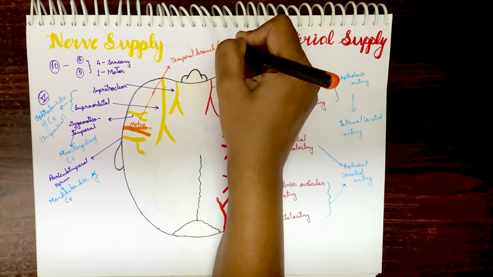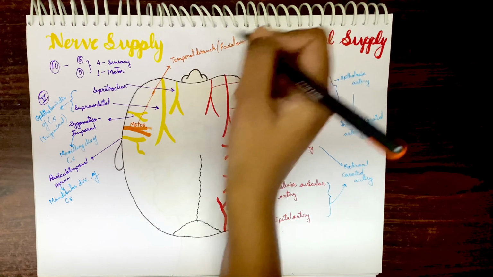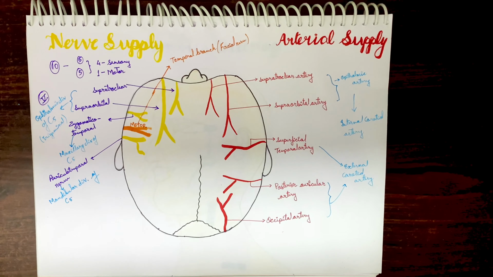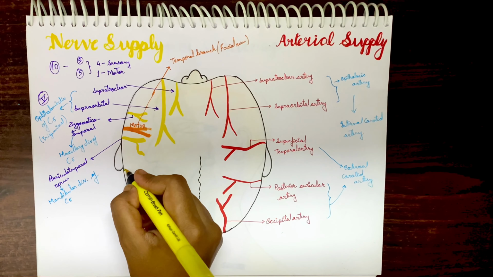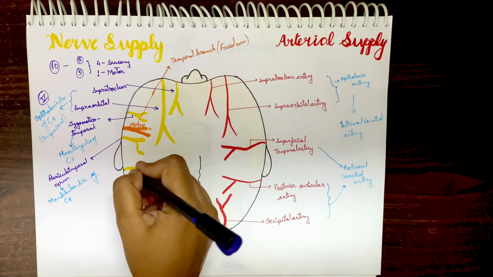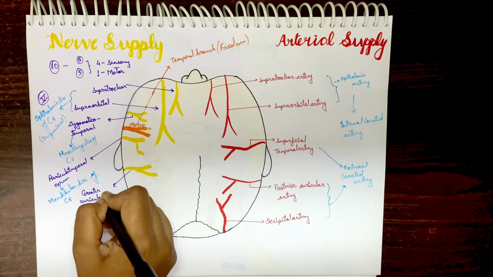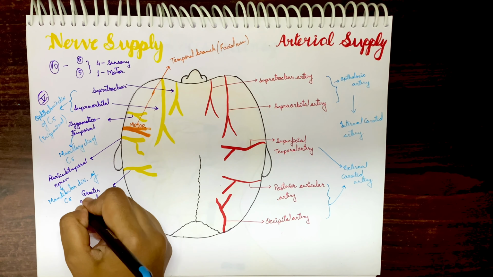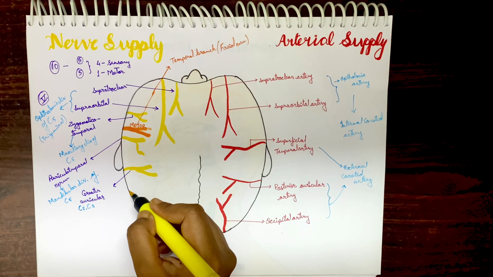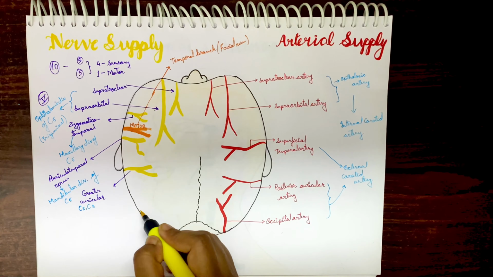Both the motor nerves present in front and behind the auricle are supplied from the facial nerve. In front of the auricle, it is the temporal branch of the facial nerve, and behind the auricle, it is the posterior auricular nerve of the facial nerve. The sensory nerves that we have behind the auricle are first the great auricular nerve.